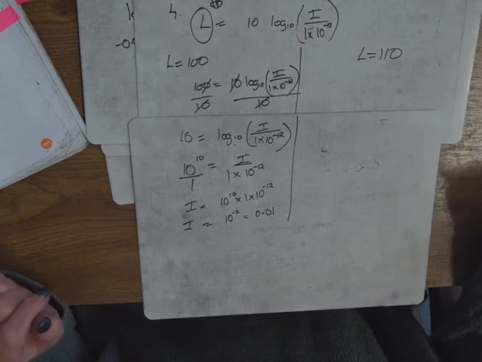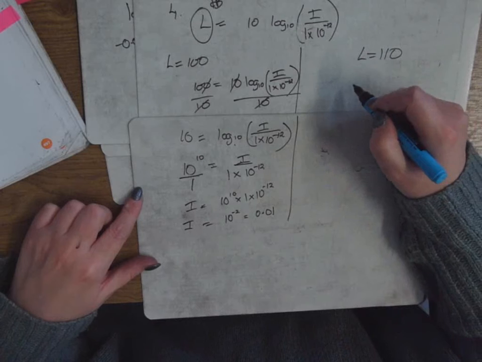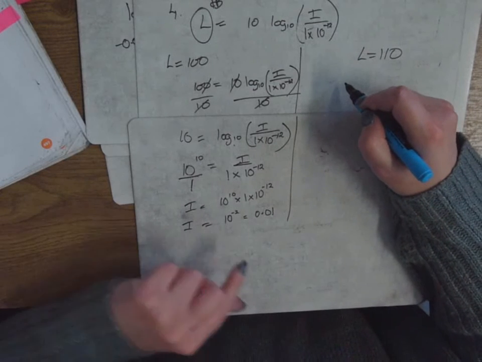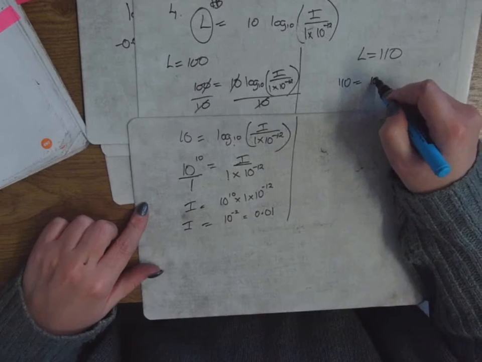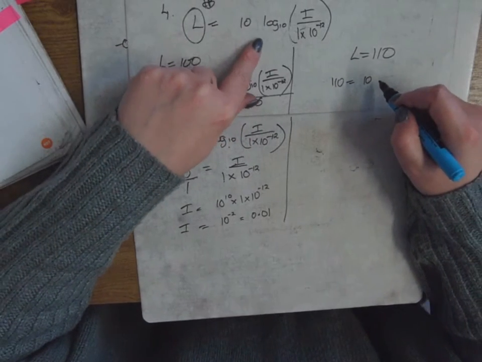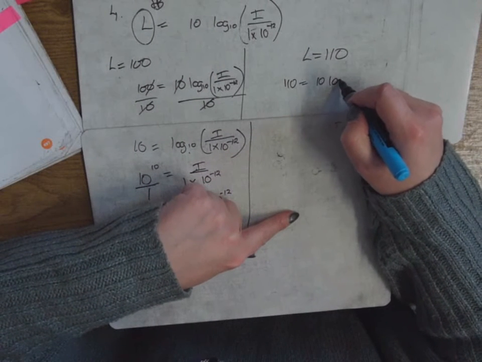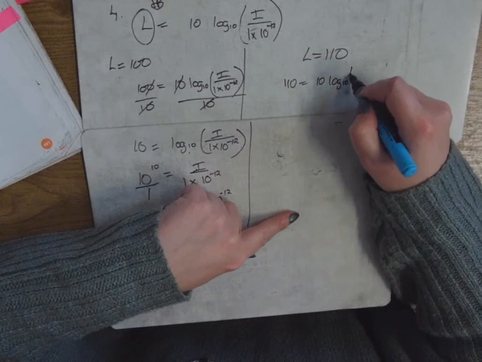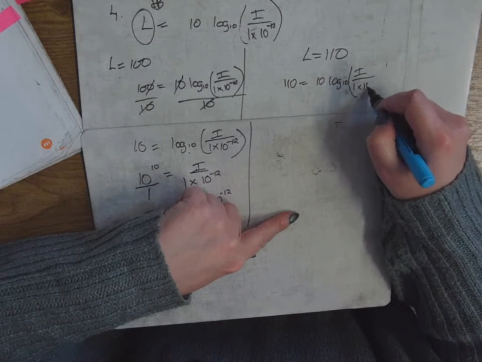Okay, so that's one end of the intensities. Right, okay, so now I have to go and do it again. This time I'm using 110. So 110 is equal to 10 times, so I'm filling in 110 for L, log to the base 10, and I'm looking for I all over 1 by 10 to the power minus 12.